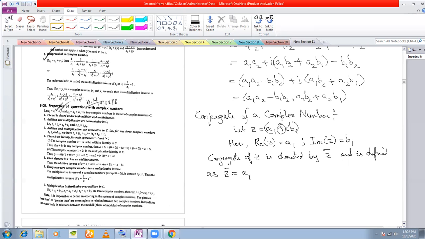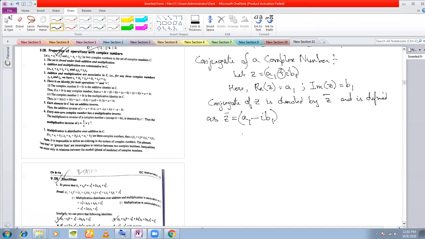You have a plus sign here, you change it into a minus sign, i b1. So a1's sign remains the same, you change the sign only of the imaginary part. Remember, for a conjugate, you have to change only the sign of the imaginary part.